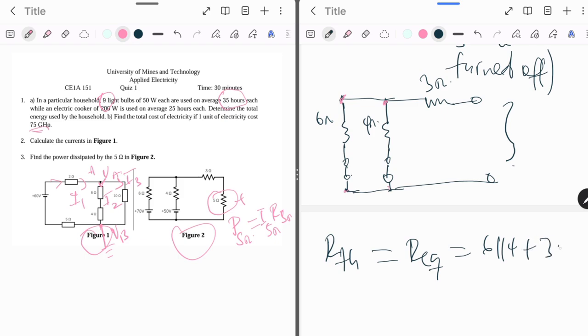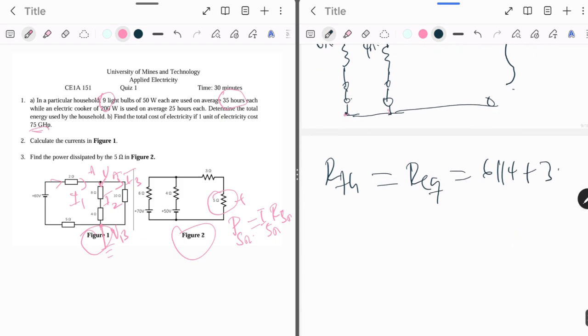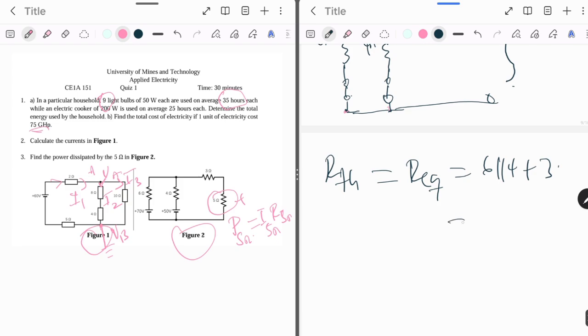So this will give me 6 times 4 over 6 plus 4, plus 3.